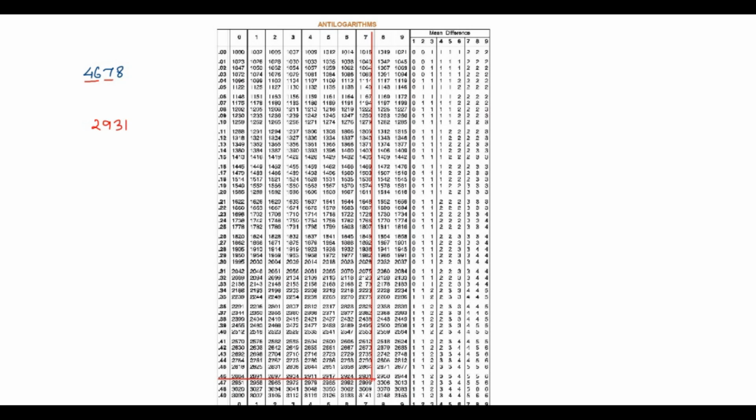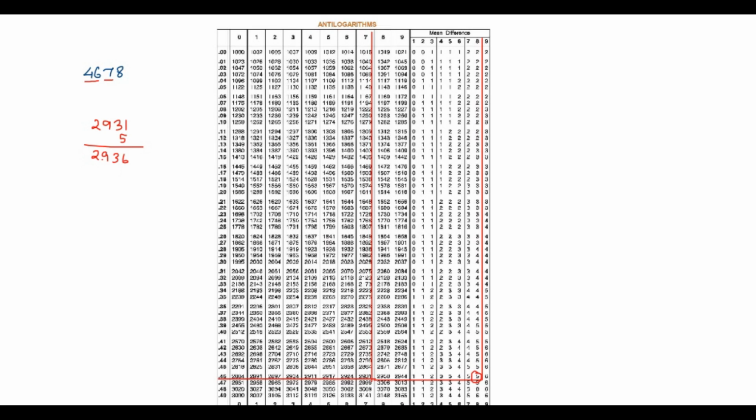Okay, now let's take the same 46th row and the mean difference 8th column. In the same 46th row, 8th column in mean difference we get 5. Now we have to add these two values, so we get 2936. This is the value we get for 4678 in the anti-logarithm table. Always we have to take the decimal for the value we get from the anti-logarithm table.